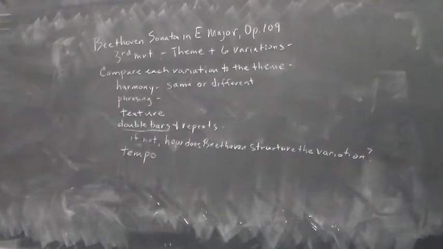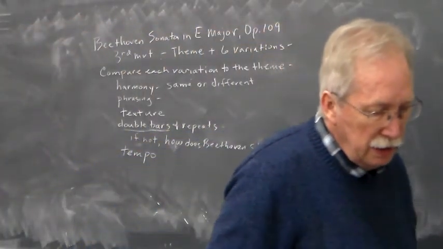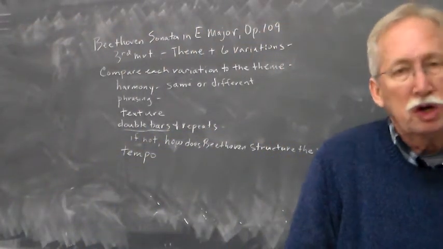So I want you to think about the variation that I've assigned to you, and then we will get together and talk about this. So that's the plan. And listen to the work.